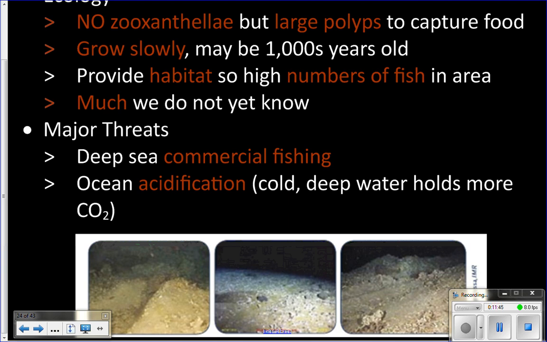But when you get a giant metal wheel versus a coral, what do you think is going to win? The metal wheel. Okay, the metal wheel wins and crushes the coral. And there's been deep sea fishing in certain areas for so many years that they've obliterated the corals in certain areas.